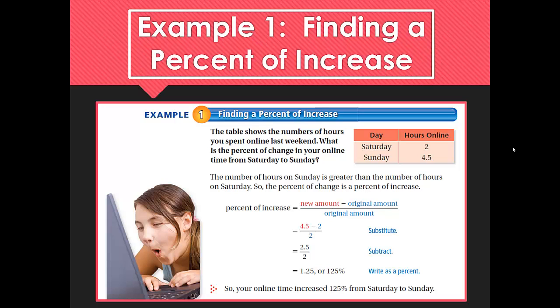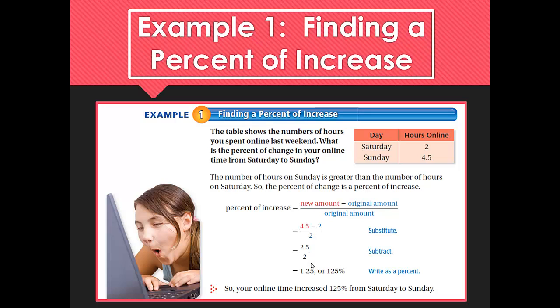So percent of increase would be equal to the new amount minus the original amount, and that would then be divided by the original amount. The new amount would be 4 5/10, and the original amount is 2. So we'll have 4 5/10 minus 2, and then the original amount is 2. 4 5/10 minus 2 is 2 5/10.